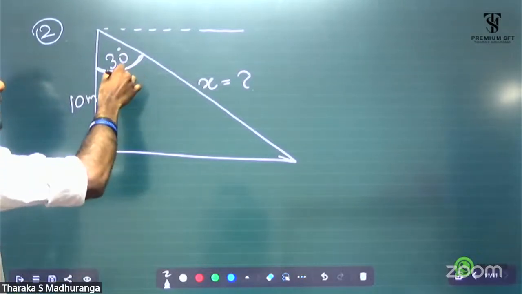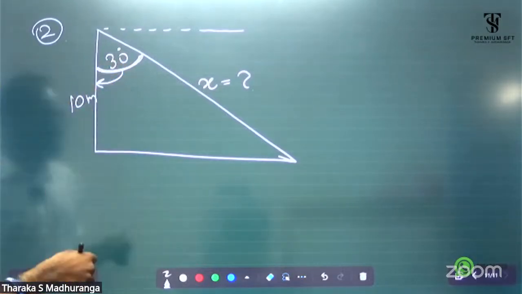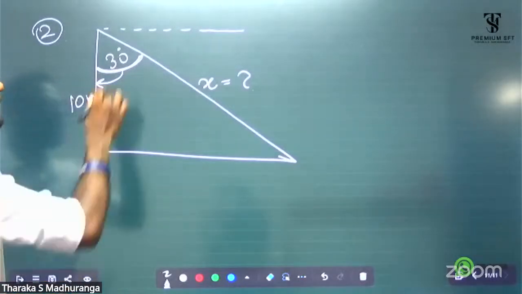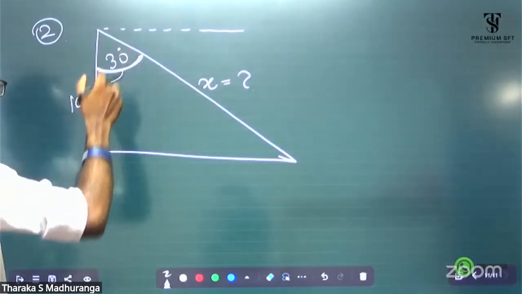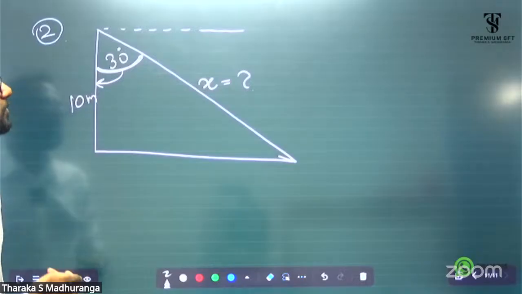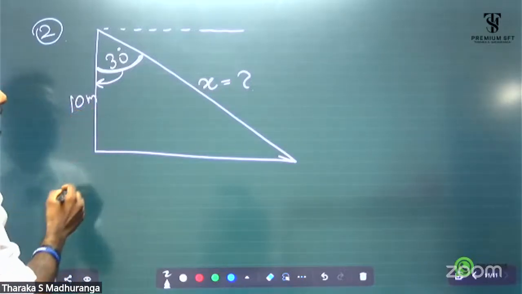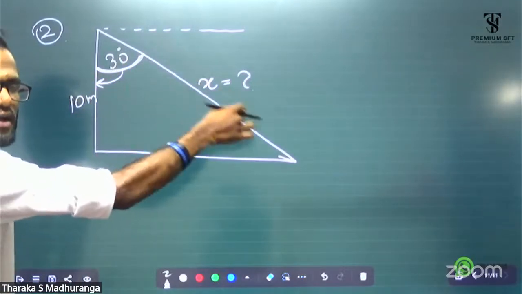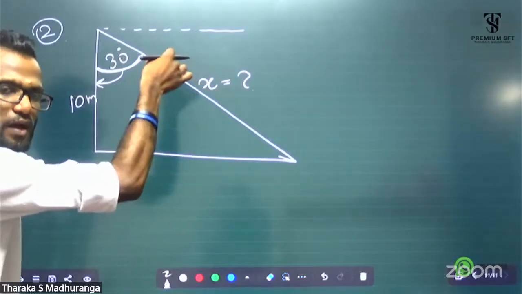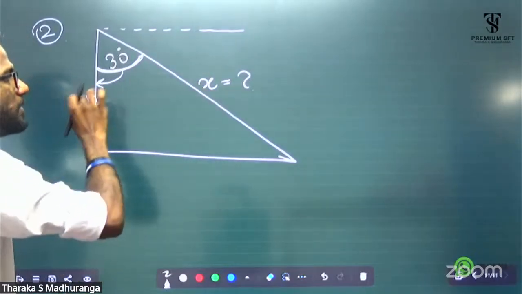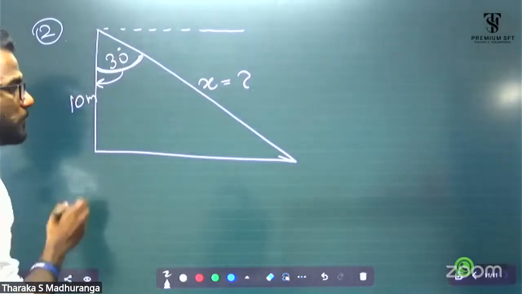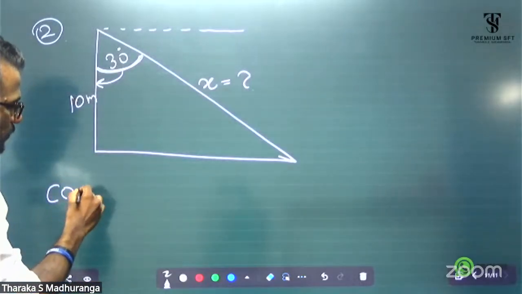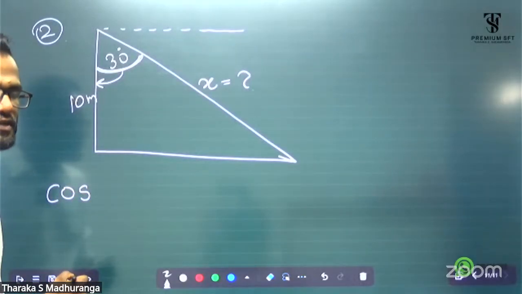Adjacent means the side close to the considering angle. Then this is adjacent. What you need to find is the hypotenuse. Then the adjacent and hypotenuse relationship is cos.